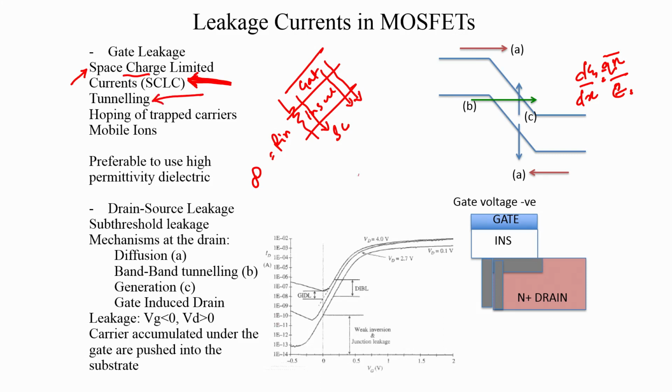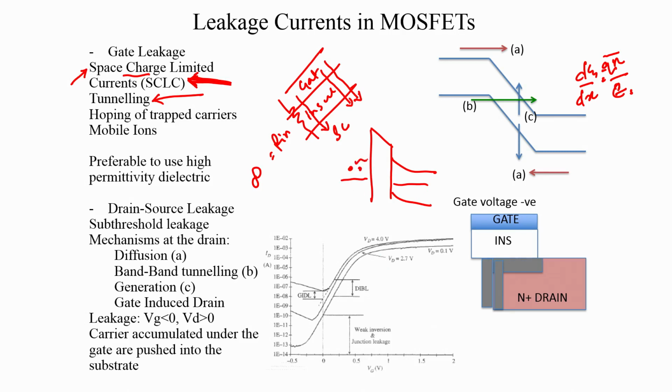As we saw, since the insulator is a barrier, let us say you have your metal and semiconductor. Let us say we have turned off the MOSFET. So, the gate voltage is 0 or less than 0 and the MOSFET is supposed to be technically off. But you still have electrons.